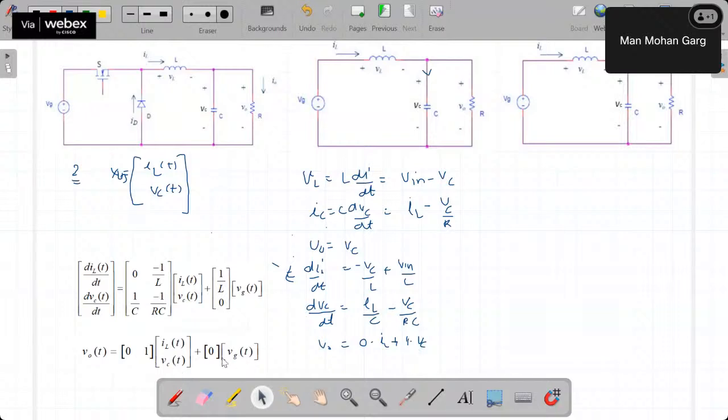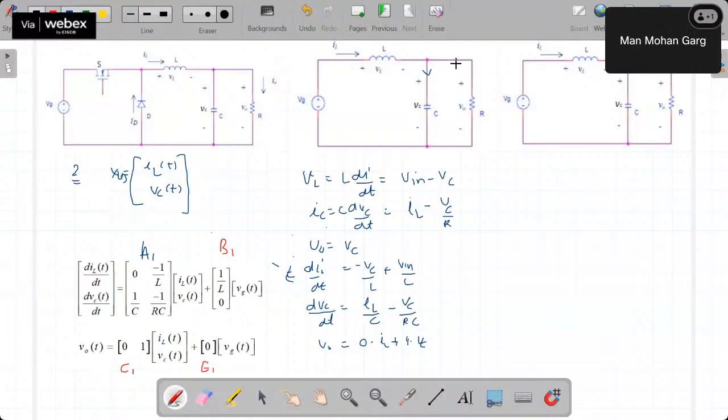There is no coefficient of input voltage, so 0. So I have obtained the models. Now what am I getting from here? This is my A1. This is my B1, this is C1 and this is E1. So this is just for switch on.